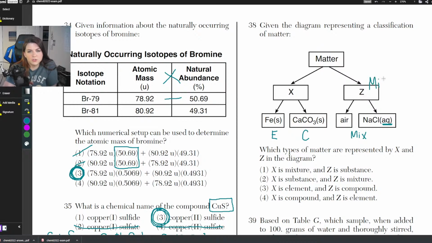So Z would have to be mixtures. And X would have to be something that encompasses elements and compounds, and that would be a substance or a pure substance. So X is a substance and Z is a mixture.